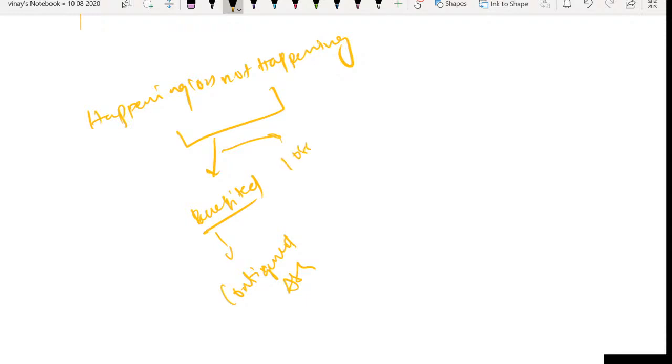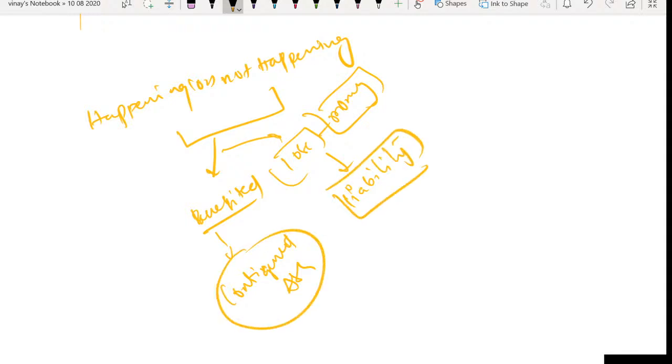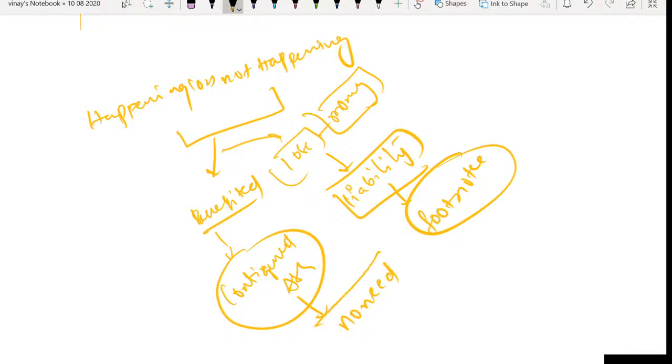Then it is called a contingent liability. When it comes to a contingent liability, write it in the footnote. If it is a contingent asset, no need to disclose it. It is not mandatory to disclose that.